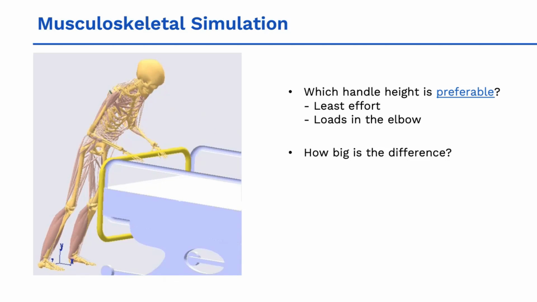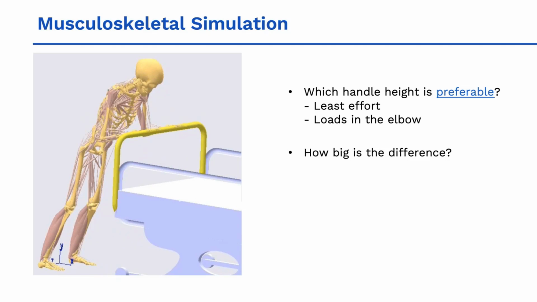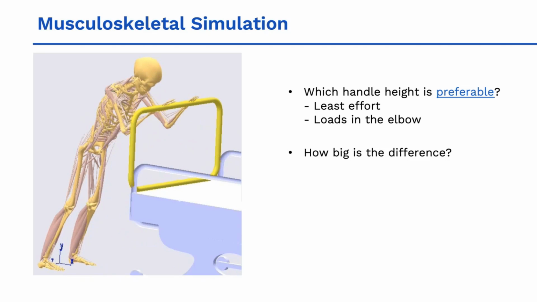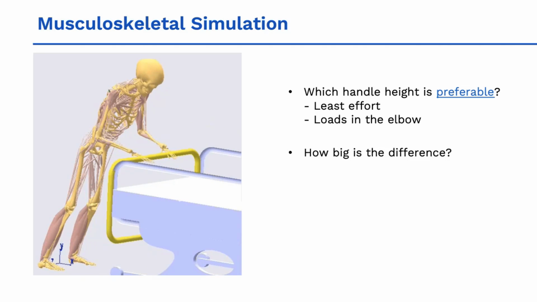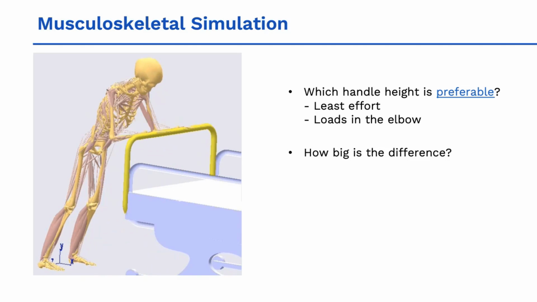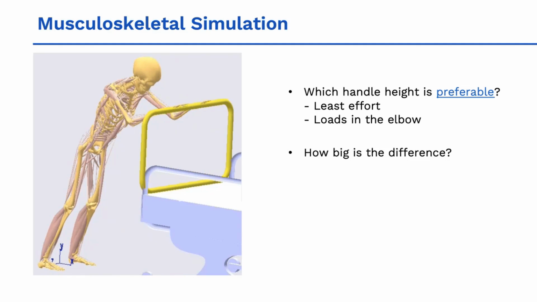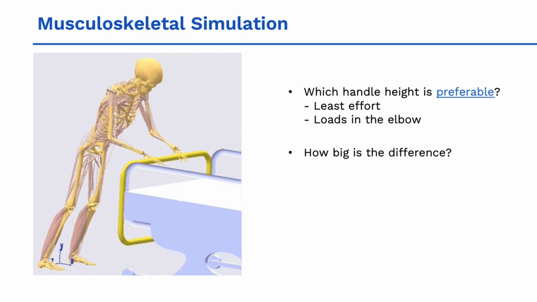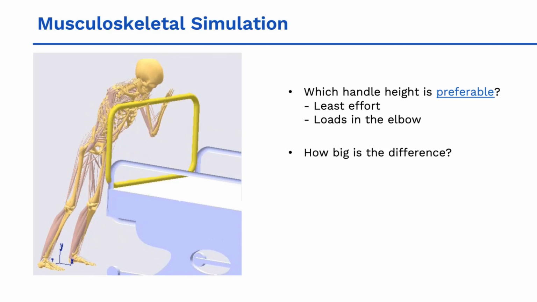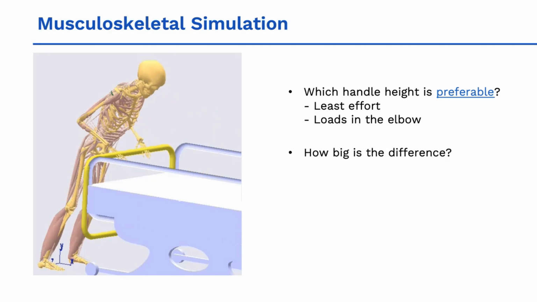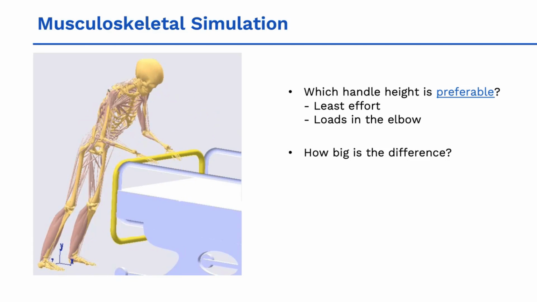So if we ask the question, which one of these positions requires the least effort, the least effort being the least muscular action, and given all this, what are the loads in the elbows and in the muscles? And how big is the difference?